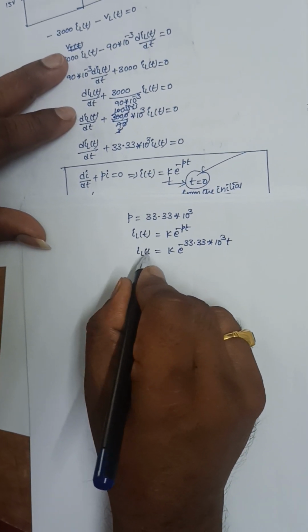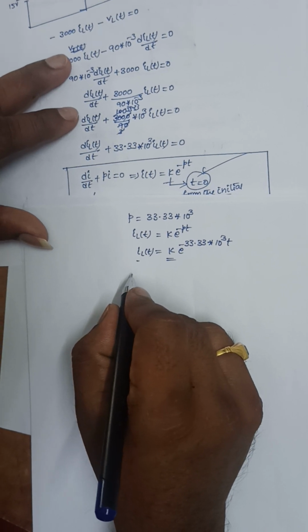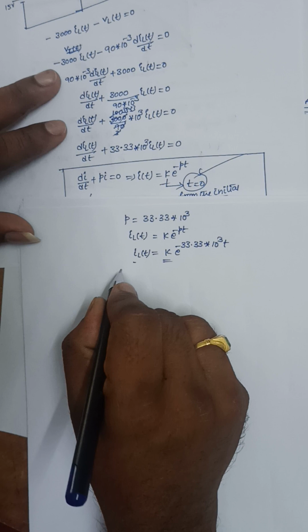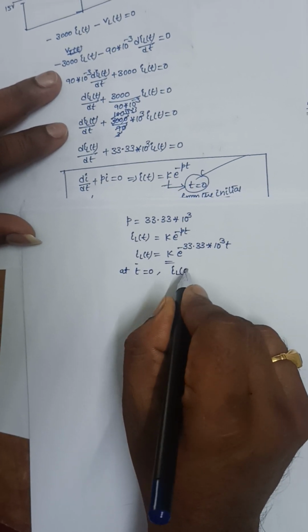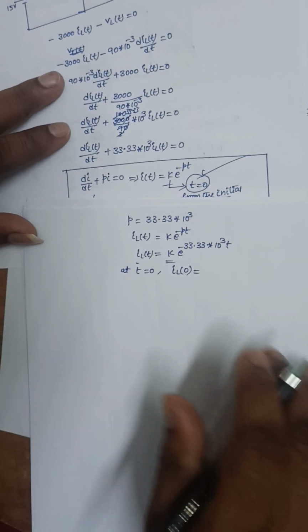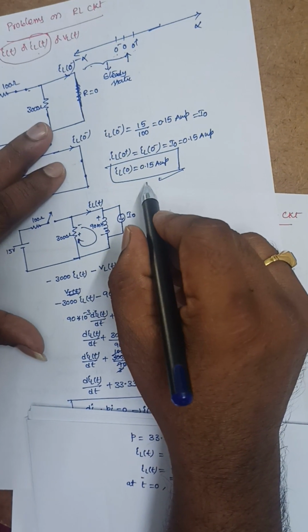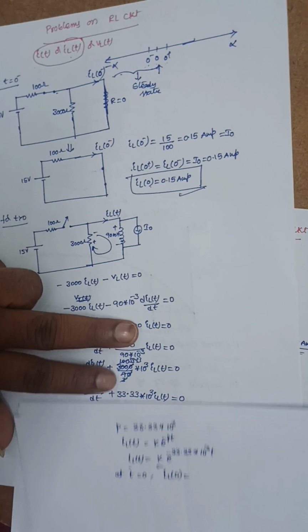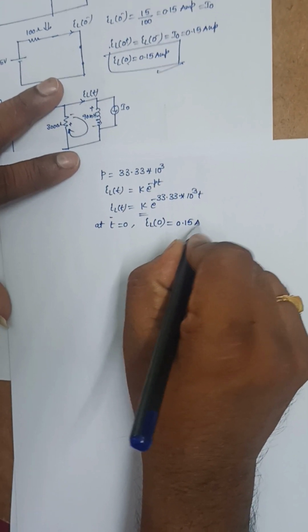This k value we can find from the initial conditions. What is the value of the current flowing through this inductor at t is equal to 0, which we already calculated? It is 0.15 amperes.